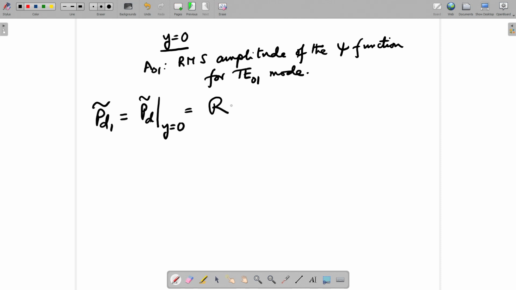Now, on the surface y equal to 0, that is the two narrow walls of the waveguide, the tangential magnetic field is Hz only for the T01 mode, and therefore, the PD1 tilde expression becomes integral 0 to 1, 0 to a, because only Hz is present. So, it will be Hz square dz dx.